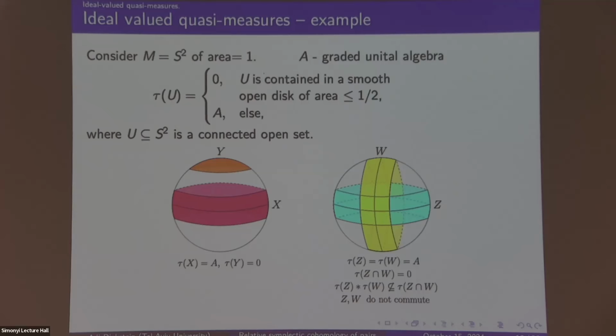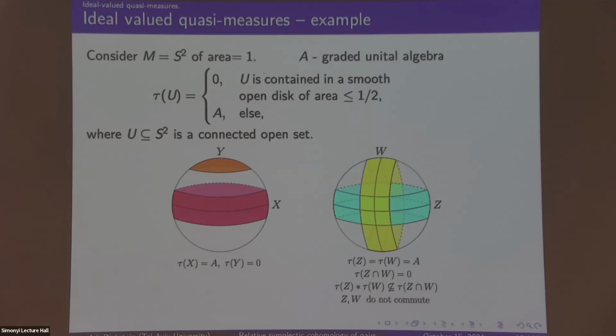So in this picture, Y is a small disk, so its measure is 0, and X is a thin annulus that contains the equator, so its measure is A. On the right, you can see two such thin annuli, but with small intersection.